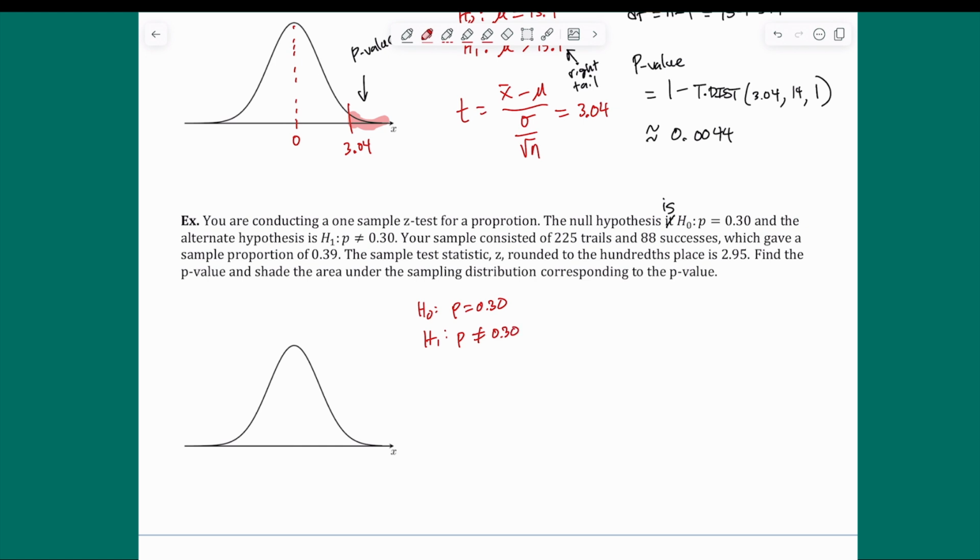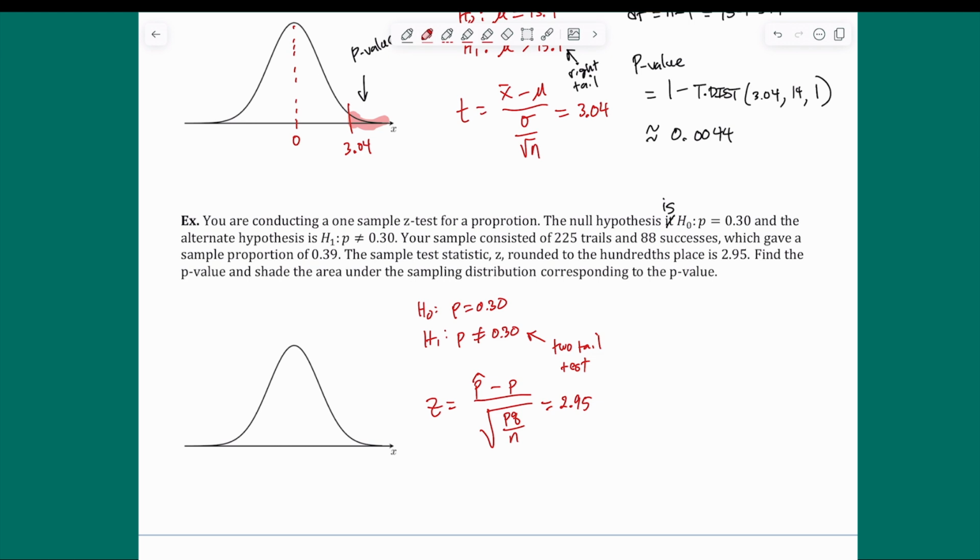All right, so we have to calculate a z-score, or z-test statistic, and we know this one is p hat minus p divided by the square root of pq over n. Now, they gave us this value, so we don't have to do the number crunching. They told us that we had a test statistic of 2.95, but we need to shade this area, and the way we're going to shade this is by first examining the alternate hypothesis, because that tells us it's a two-tailed test.